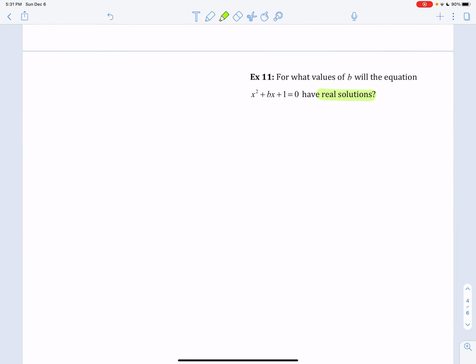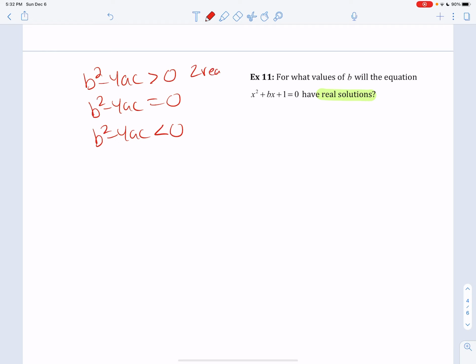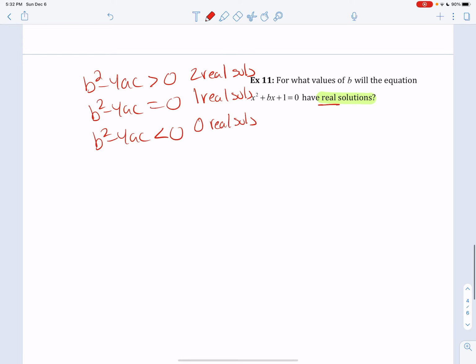Well, keep in mind when you're talking about real solutions, that was when your discriminant, the b squared minus 4ac, either was greater than 0, equal to 0, or less than 0. Greater than 0 was 2 real solutions, equal to 0 was 1 real solution, and less than 0 was 0 real solutions. So we're just told real.